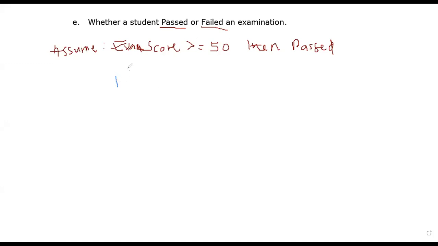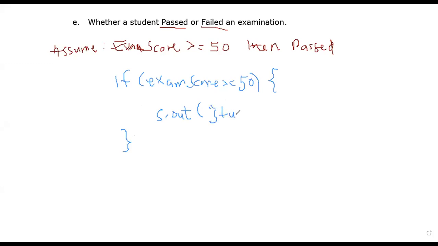So we say if the condition or the test case, that's exam score, is greater than or equal to 50, then we use System.out and say student passed.